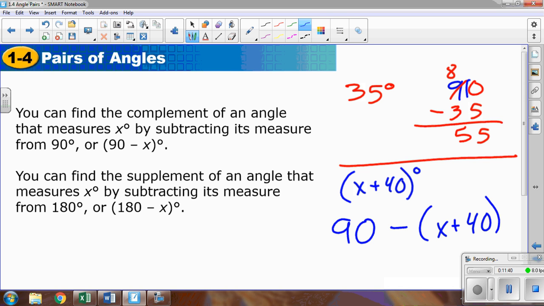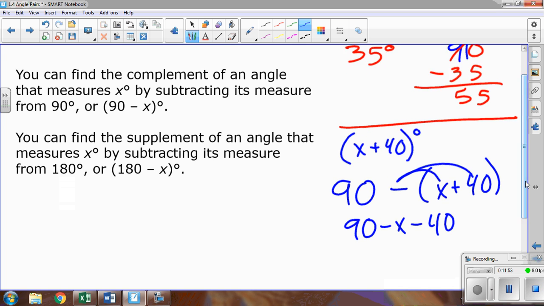We know that we would have to subtract across the parentheses, 90 minus x and minus the 40. So combined, 90 minus 40 is 50. And so our answer is 50 minus x degrees.